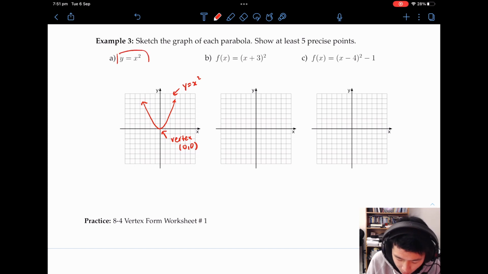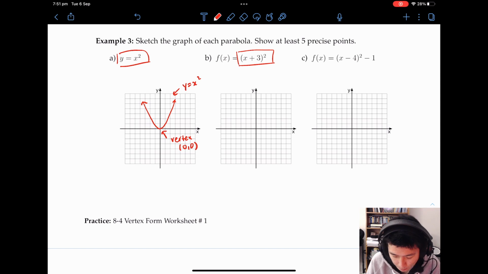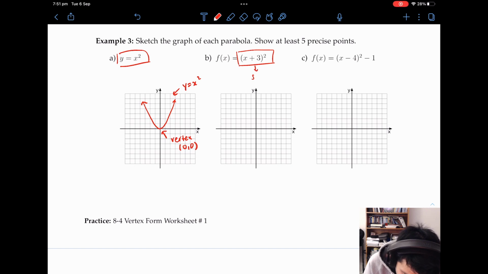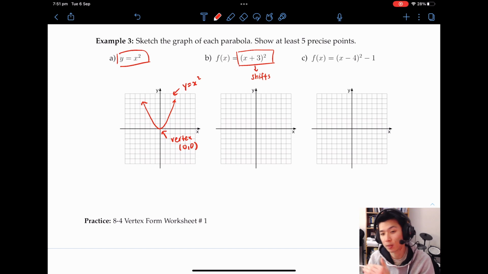Now what's going to happen is if I put a +3 inside the bracket, what this actually does is it shifts the parabola not to the positive side, because you'd think, oh, +3, that's moving towards the positive side, right? No, it's actually shifting to the negative side, to the left.